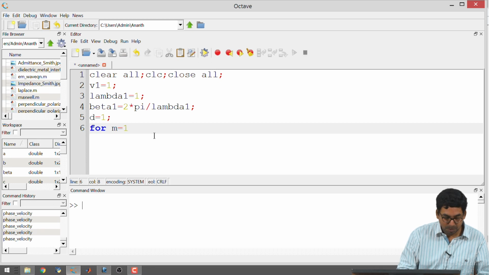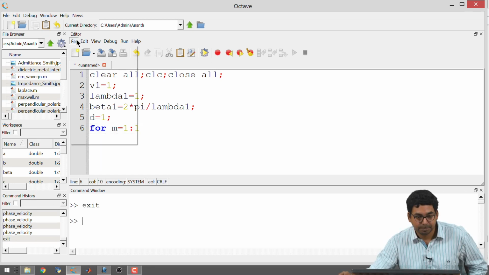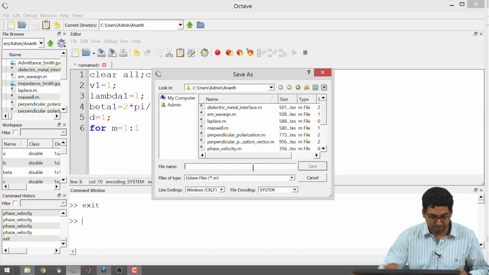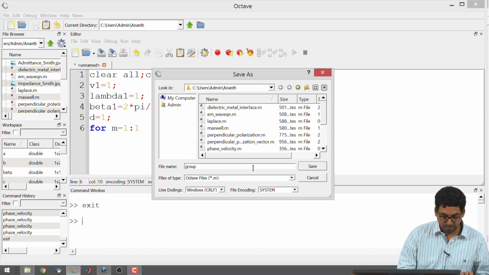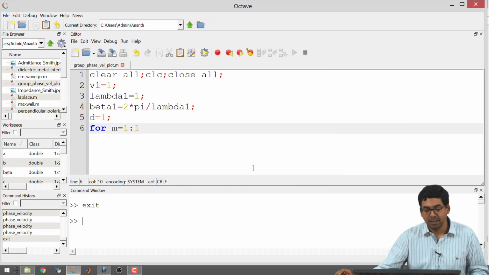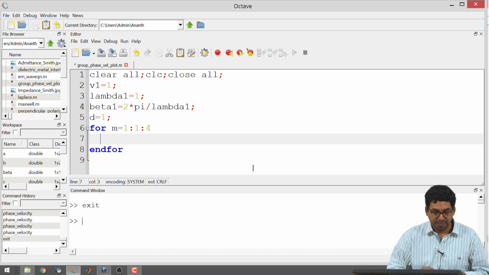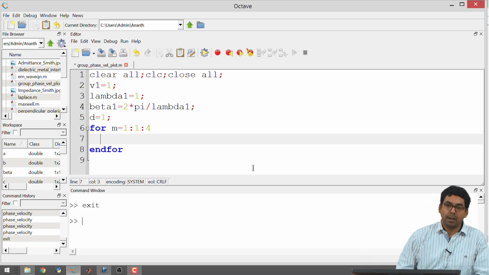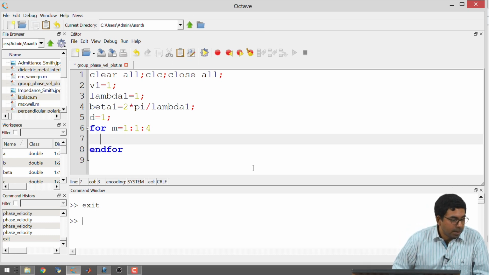let us say I want to draw this for multiple modes, all right. Okay. For modes going from 1 to 4, all right. I want to calculate f cutoff first, right.